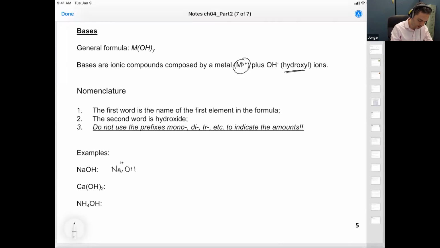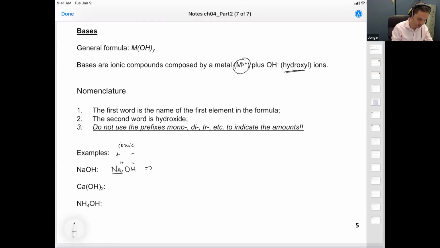In this compound, sodium is bonded to OH, which always has a negative charge. Therefore, we have a plus and a minus here, which is a characteristic of an ionic compound. How to name this compound?